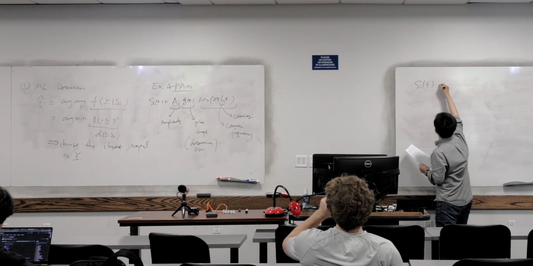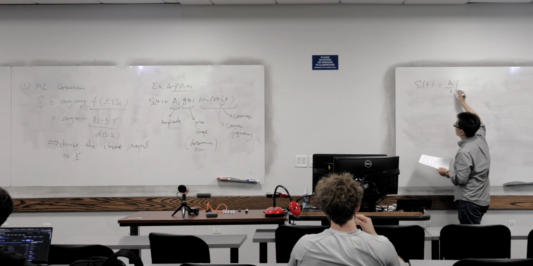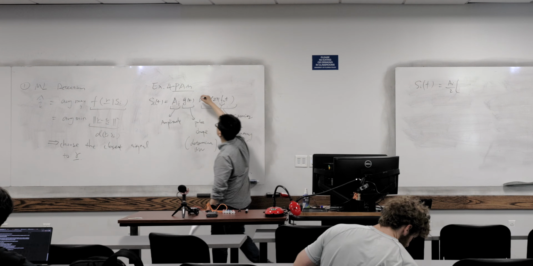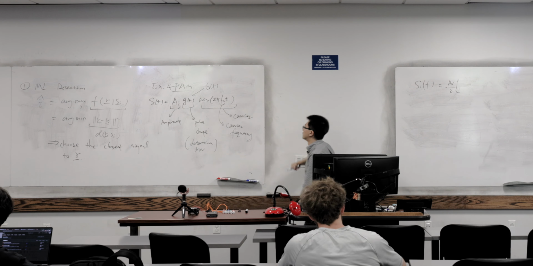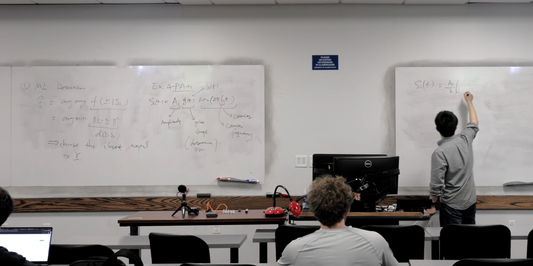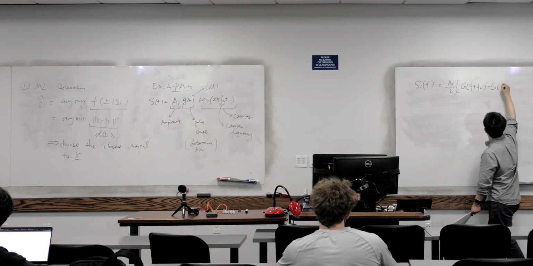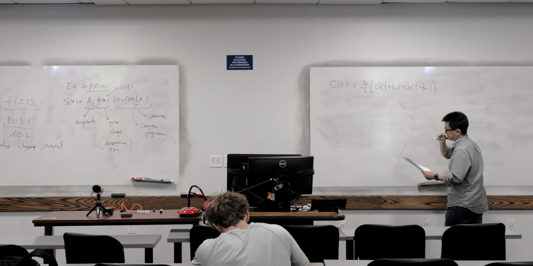This will be nothing but a_i over 2, and let's assume the Fourier transform of g(t) is capital G(f). Then the Fourier transform of this will be given by G(f plus fc) plus G(f minus fc), and that's it.